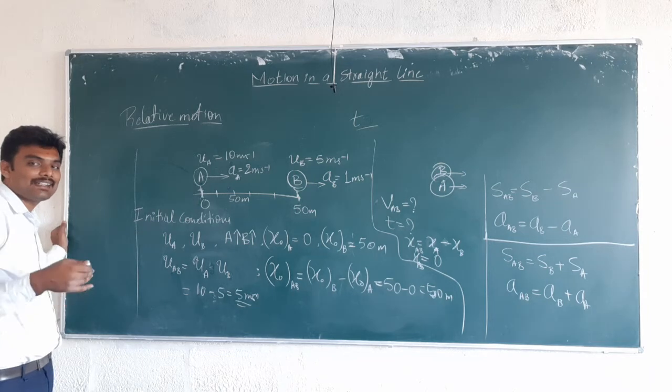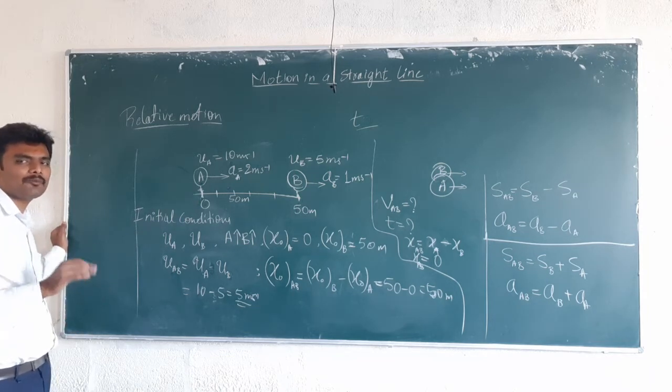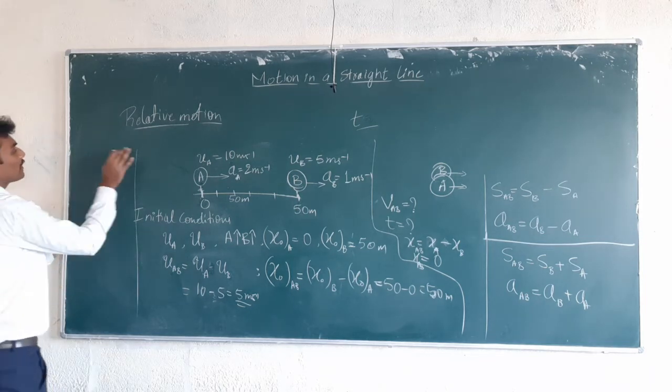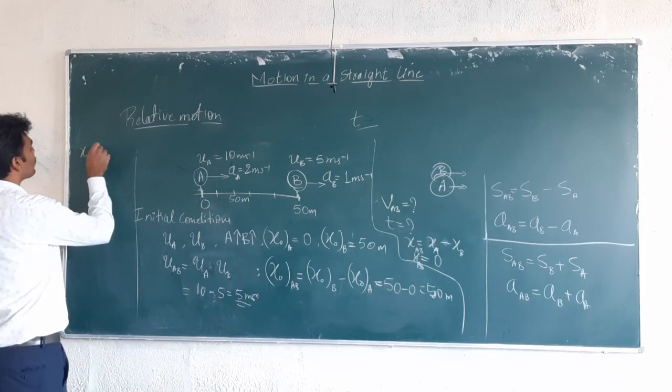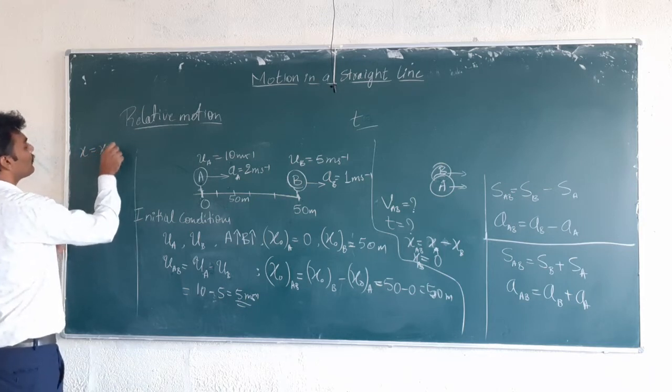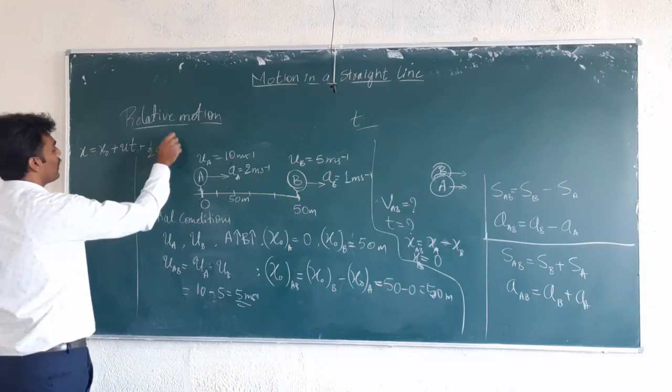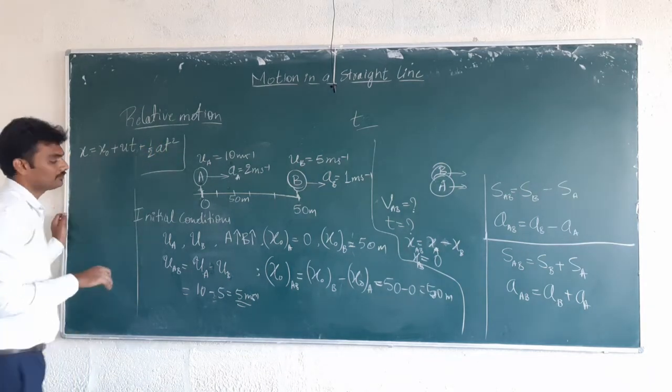When I say S, it is displacement. When I say x, it is position. Both are one and the same when we have a single body. But since this is the relative situation, I can write x is equal to x naught plus ut plus half at square. I hope you remember this formula.